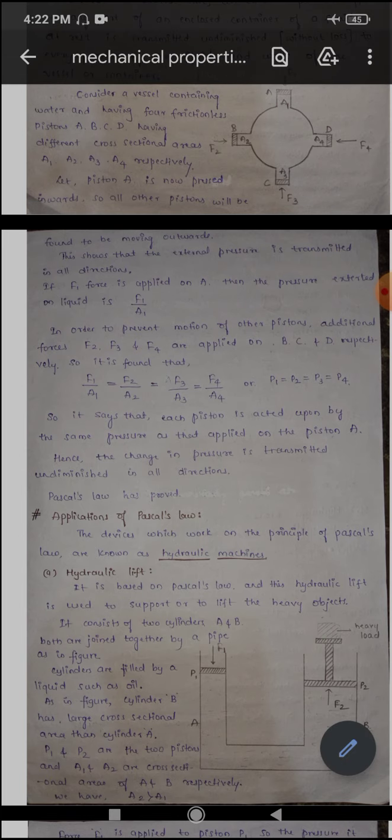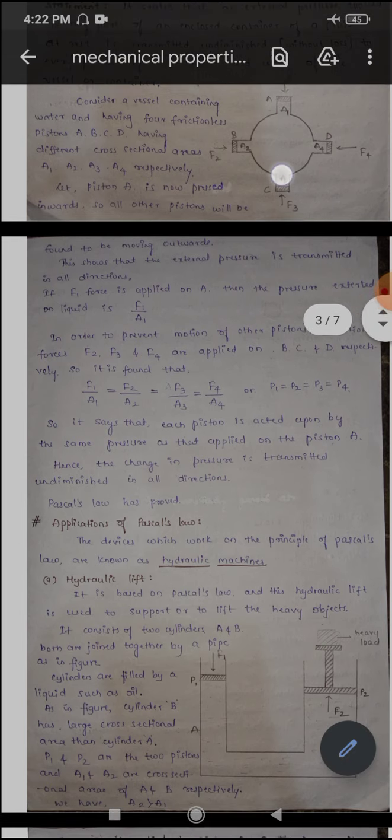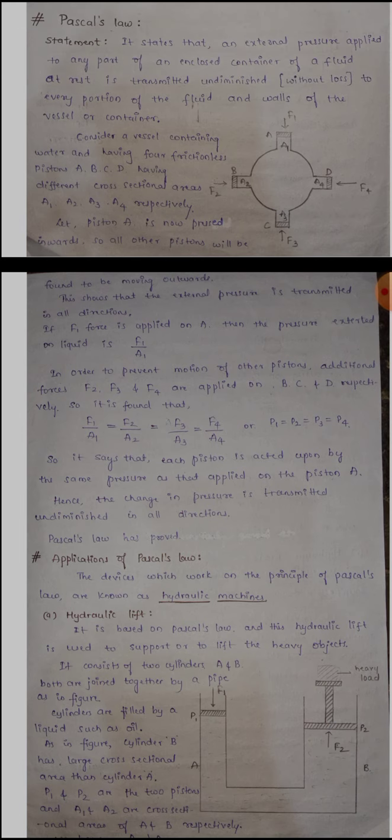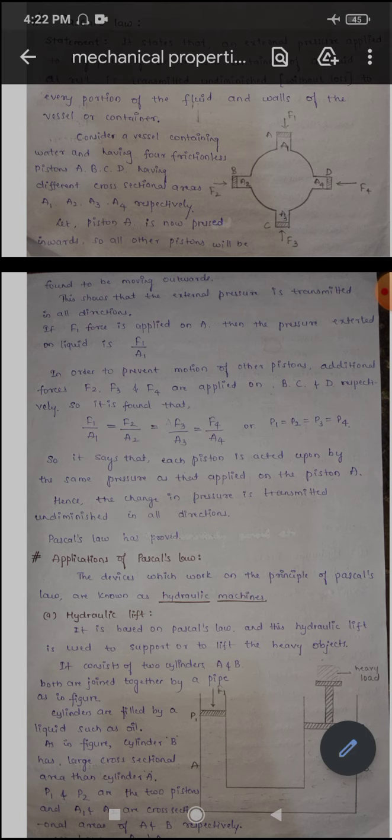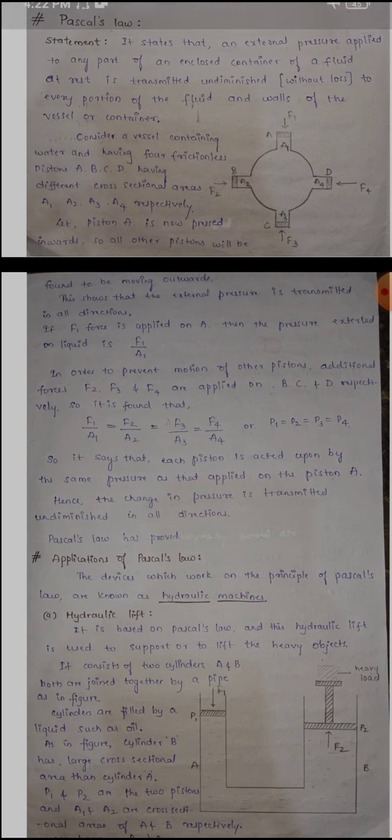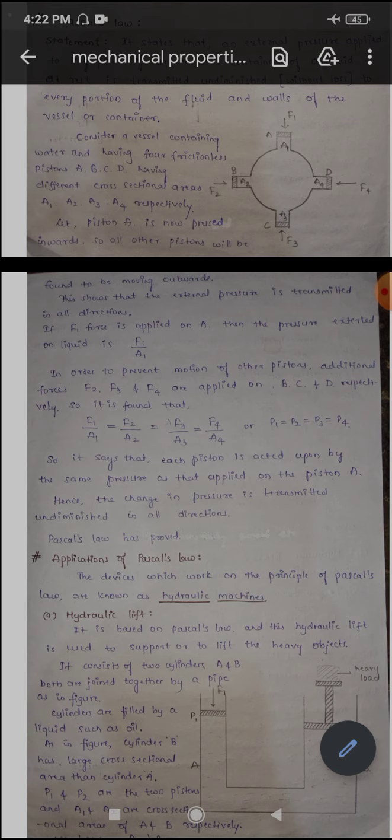Whatever external pressure we have applied through F1 is transmitted through all the directions. If F1 amount of force is applied on the piston A, then the pressure on the piston A will be F1 divided by A1, since force divided by cross sectional area gives the pressure.